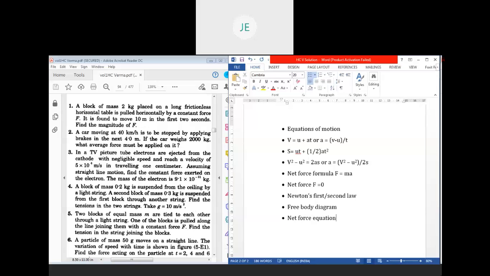You should be able to make the net force equation.